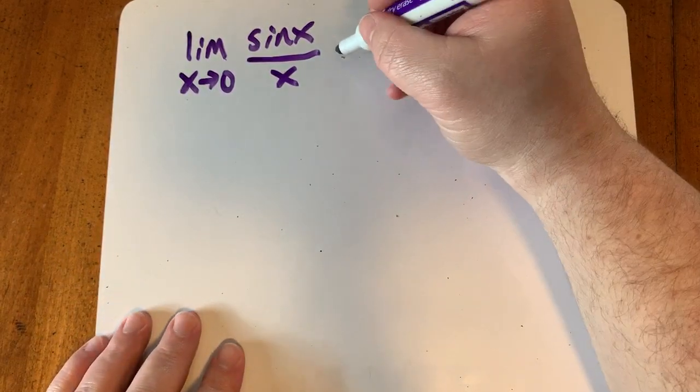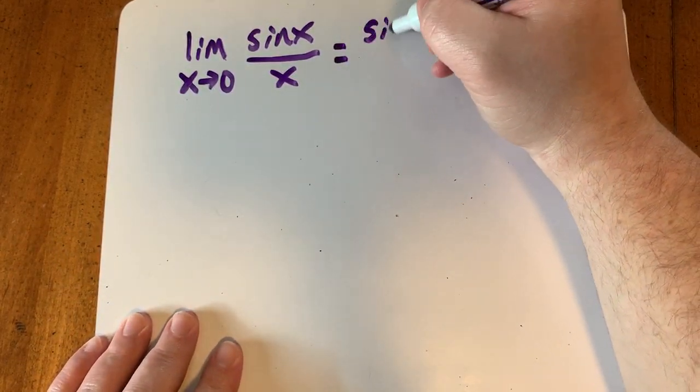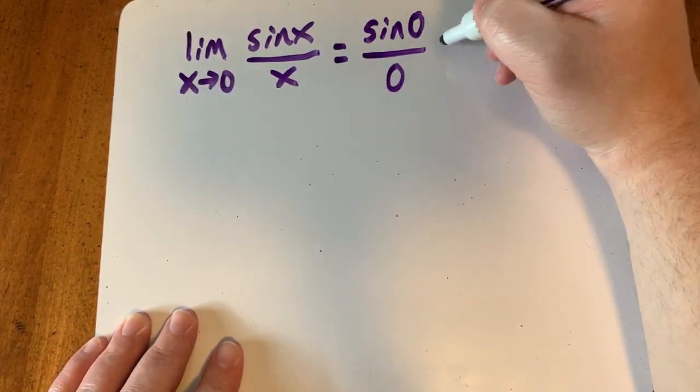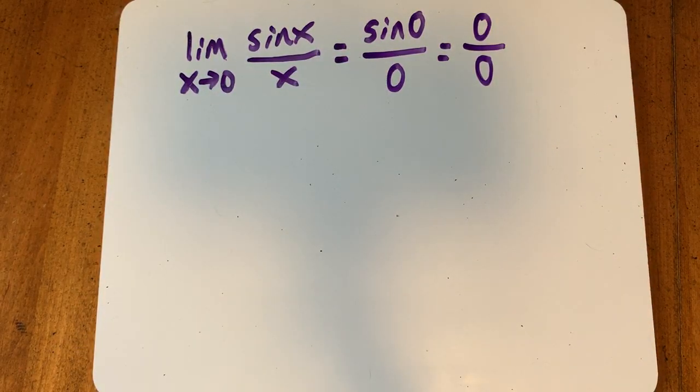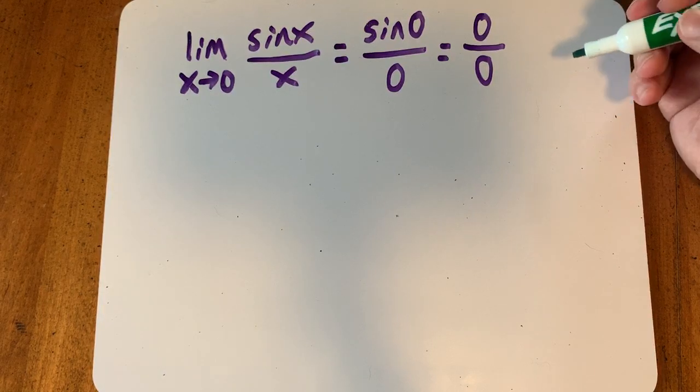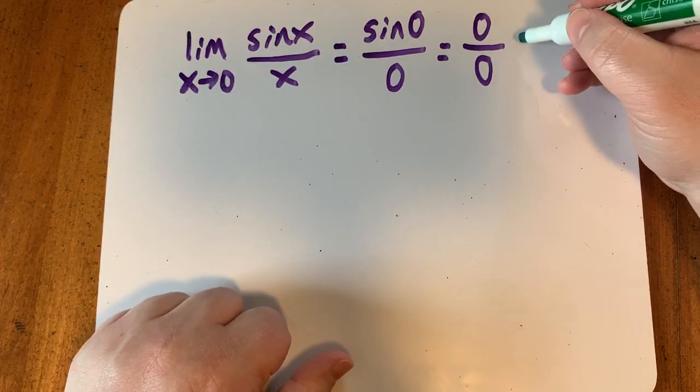If we were just to plug it in, it would be sine of 0 over 0, and sine of 0 is 0, so it's 0 over 0. Now, if you are evaluating your limits and you plug it in and you get 0 over 0, most of the time you are actually going to be able to find the limit.